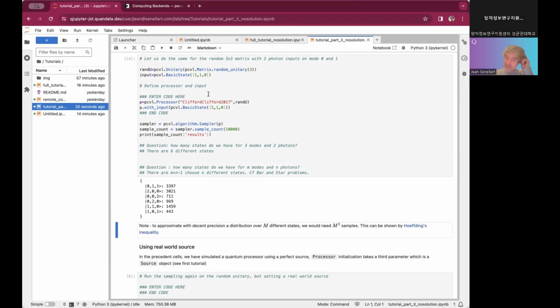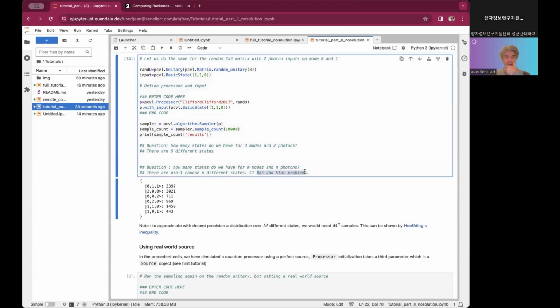More generally, if I had n photons and m modes, it's the combinatorial of choosing n among m plus n minus 1. This is going very fast; it's a number that grows very, very fast. So here I do the same. I get my circuit, and I'm getting some samples.